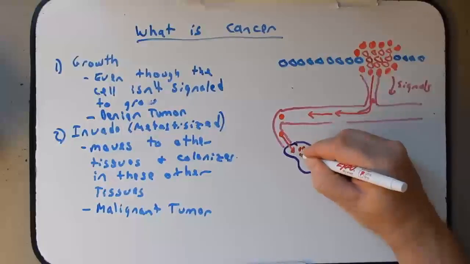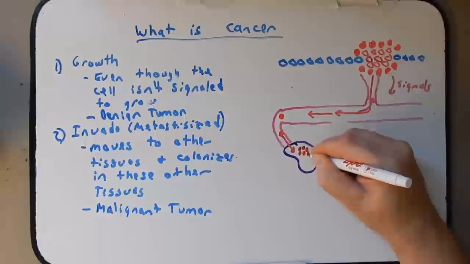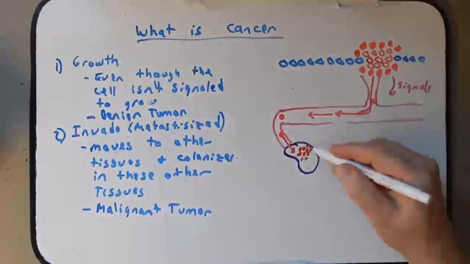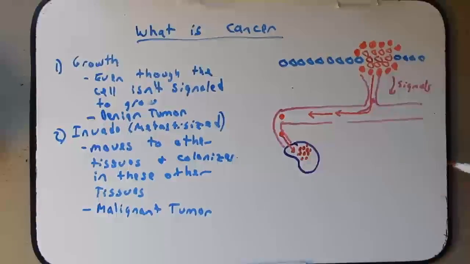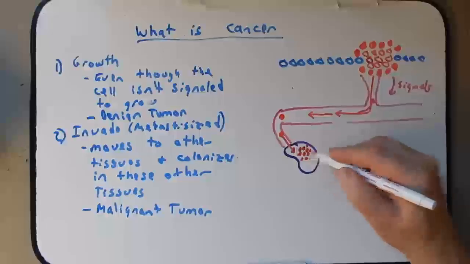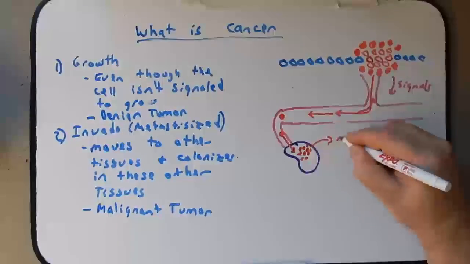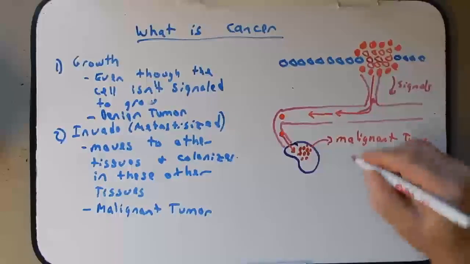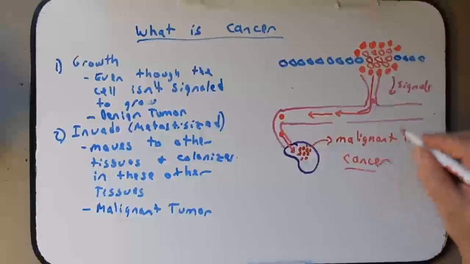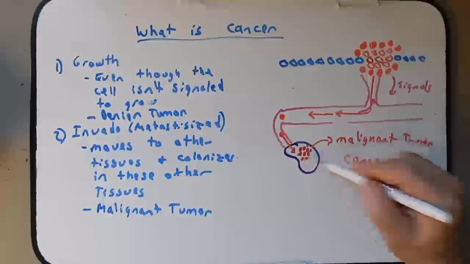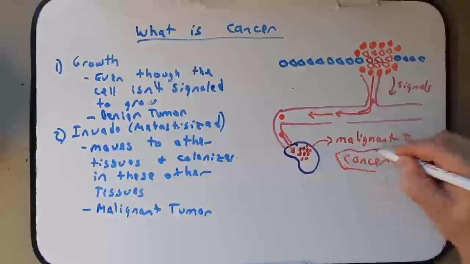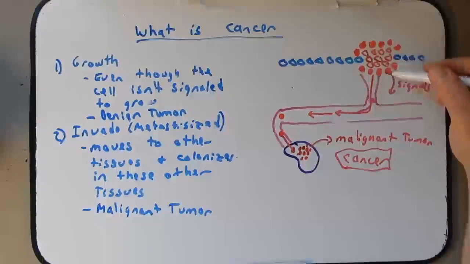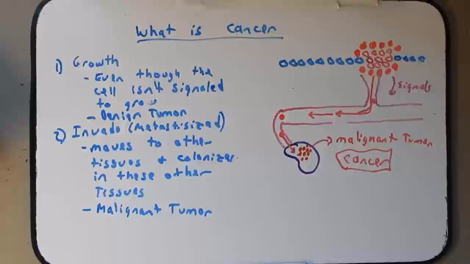And once in the liver, it will recolonize and produce more of these aberrantly growing cells. And at this point here, now that it is metastasized, it is a malignant tumor. And at this point, we can say it is cancer. It has to grow and metastasize in order for it to be cancer. These benign tumors, technically we would not classify as cancer.